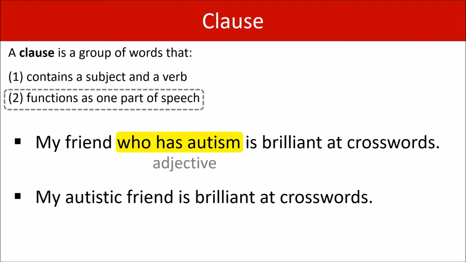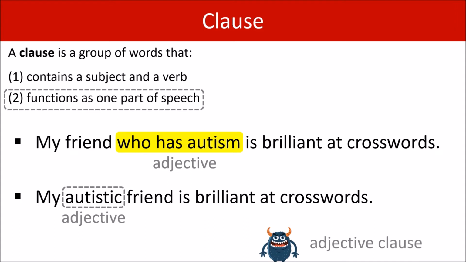Well, this is definitely an adjective. Let's look back up at the clause. The clause describes the noun friend to make it more specific. That is the definition of an adjective. So, the clause is functioning as an adjective. It is an adjective clause.